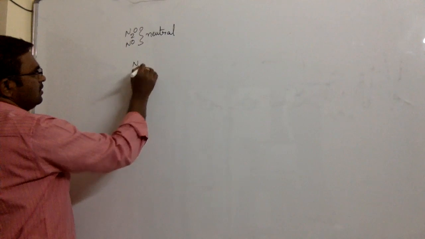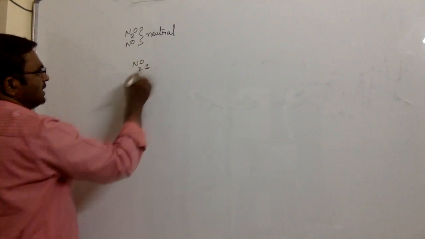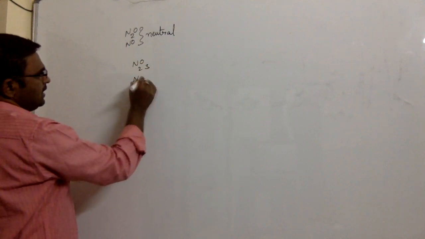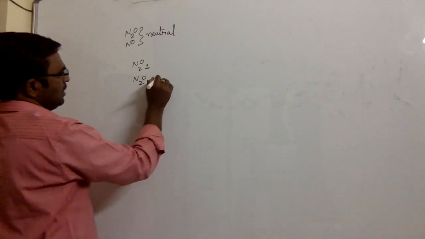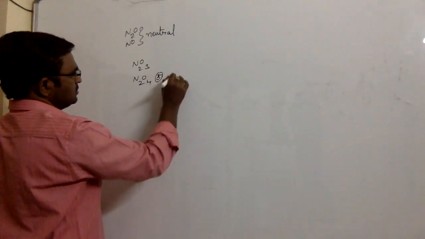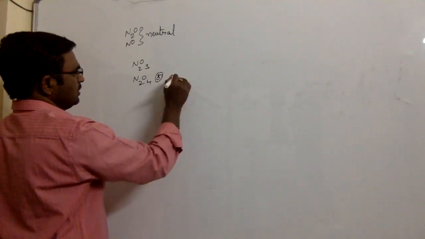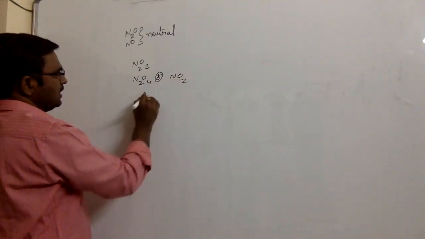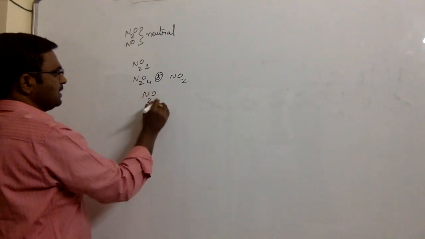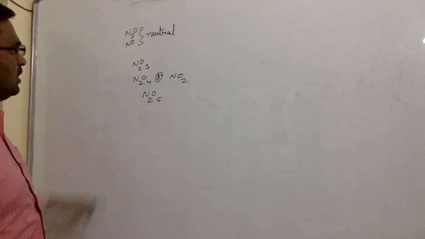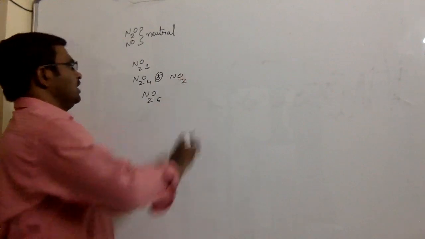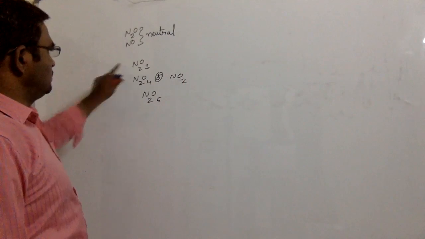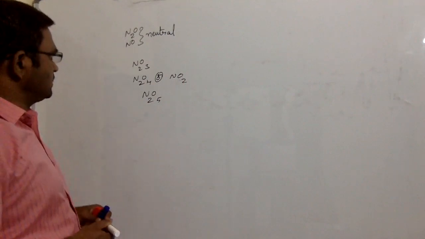Next are nitrogen trioxide, N2O3, nitrogen dioxide, N2O4, which is also written as NO2, and nitrogen pentoxide. Remember that nitrogen mainly forms 5 types of oxides: these two and these three.